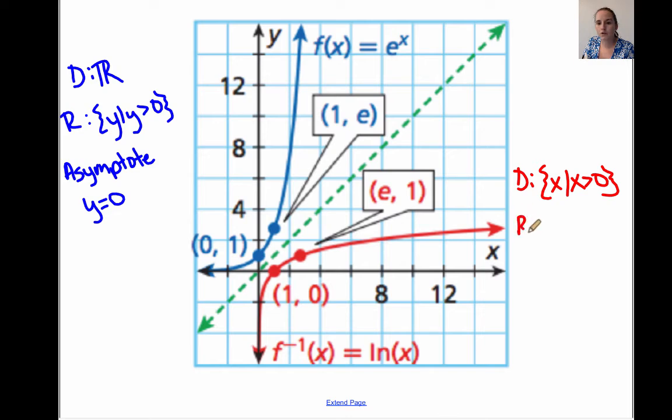And the range is all real numbers. It's going to go all the way down, and it's going to continue to grow up, up, up as you pick larger x values. So all real numbers. And the asymptote for a logarithmic function is on the y-axis, so it's at x equals 0.